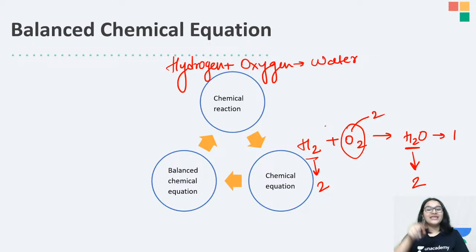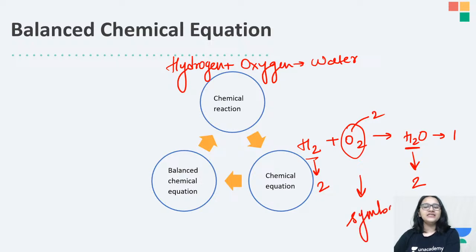So although it is a chemical equation because it is in the symbolic form, it is still not giving me the exact ingredient list that I need to make water. And if I need the exact ingredient list, that is when a balanced chemical equation comes into the picture. That is what we are going to talk about today.